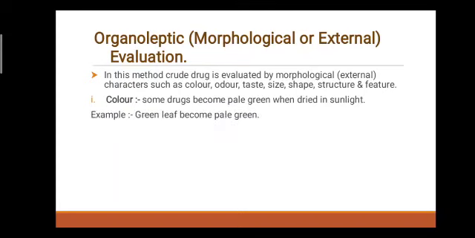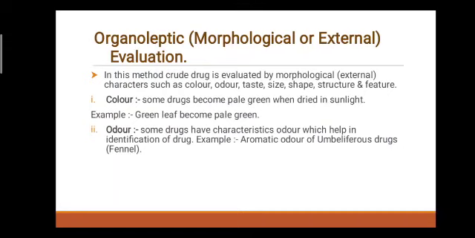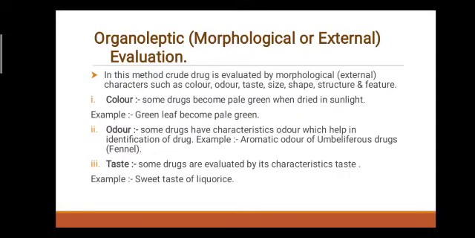Example, green leaf becomes pale green. Second, odor. Some drugs have characteristic odor which helps in identification of the drug. Example, aromatic odor of umbelliferous drugs. For example, phenol. Third, taste. Some drugs are evaluated by their characteristic taste. Example, sweet taste of licorice.